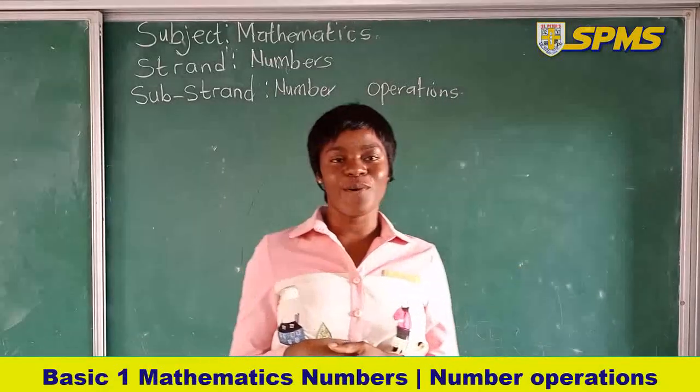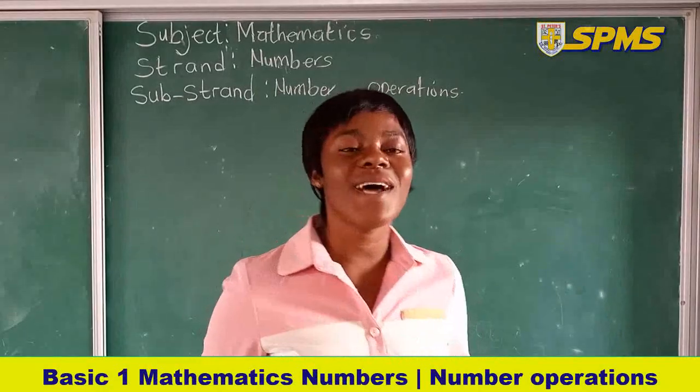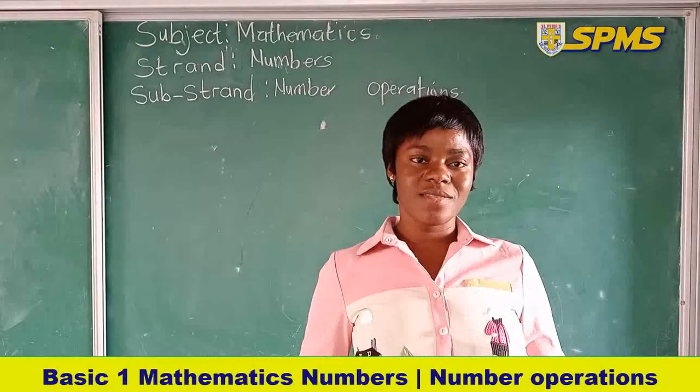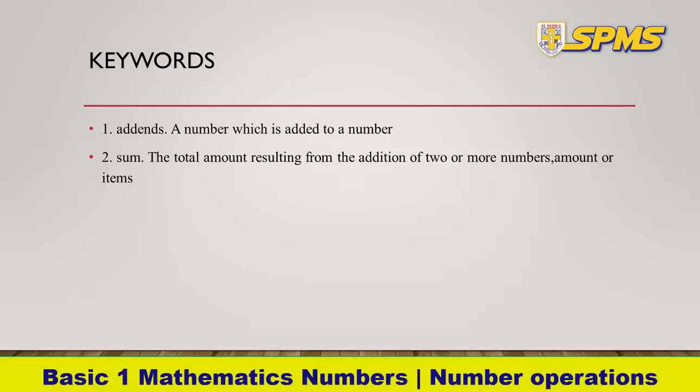Now let's move on. To understand our lesson better, let's quickly go through our keywords. Our first keyword is addend. The next one is sum. Now let's look at the definition.